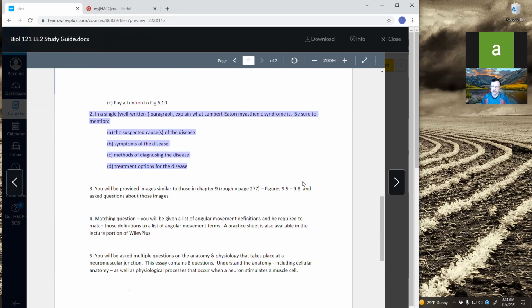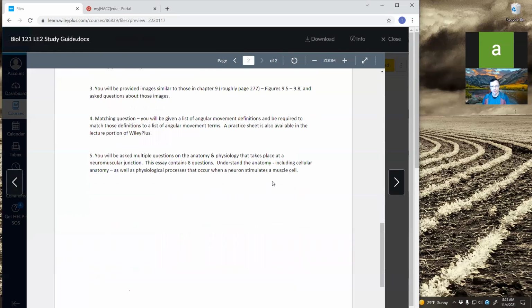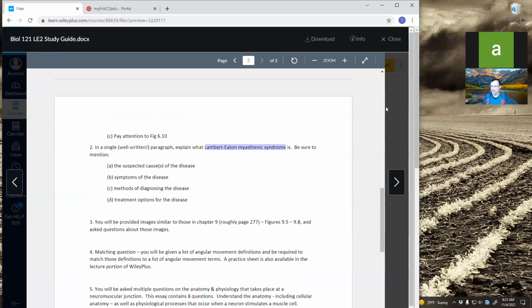In other words, this is an example of a challenge that I'm giving you because I want to see if you can discover some knowledge on your own by doing a little bit of research on the web about this disease state called Lambert-Eaton myasthenic syndrome. Okay, so there's lots of things to start getting ready for in the upcoming exam.